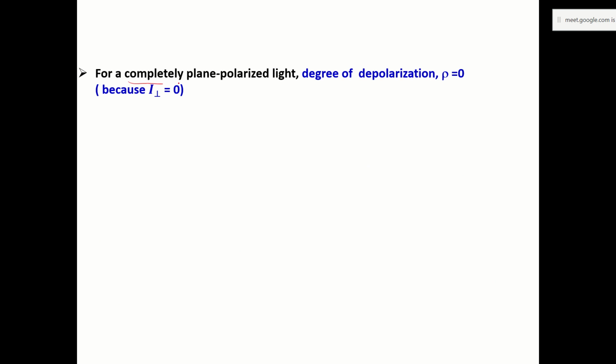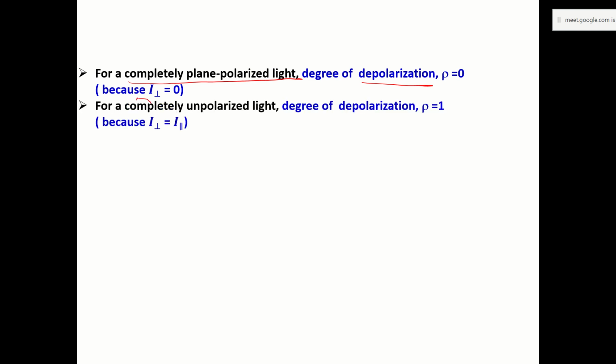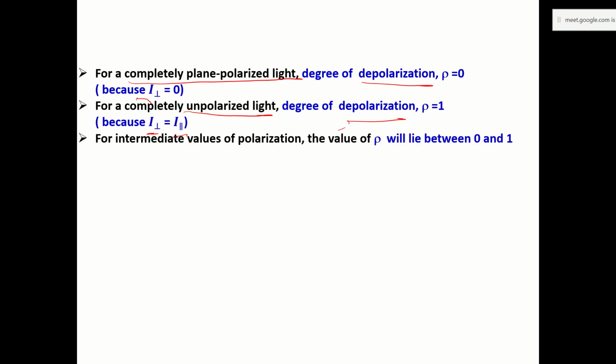For perfect, completely plane polarized light, degree of depolarization will be 0 because I perpendicular is 0. For completely unpolarized light, degree of depolarization will be 1 because whether it's perpendicular or parallel arrangement of the analyzer and polarizer, intensity is the same. So for any intermediate values of polarization, the value will lie between 0 and 1.